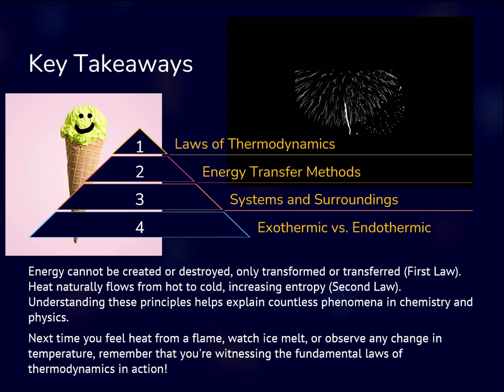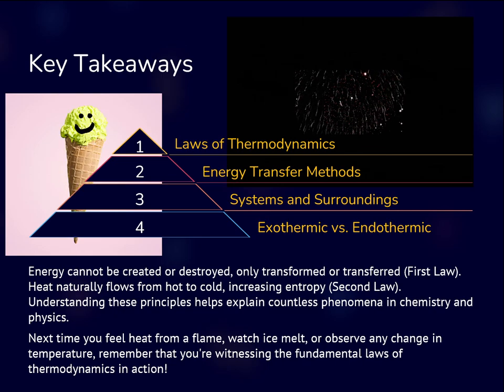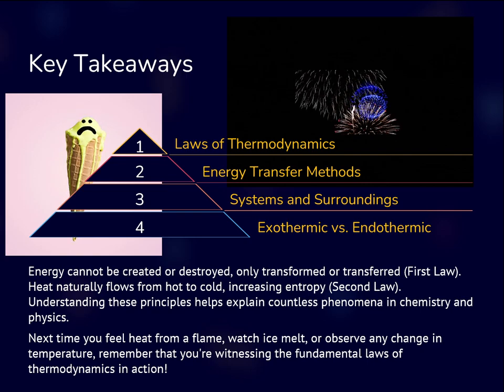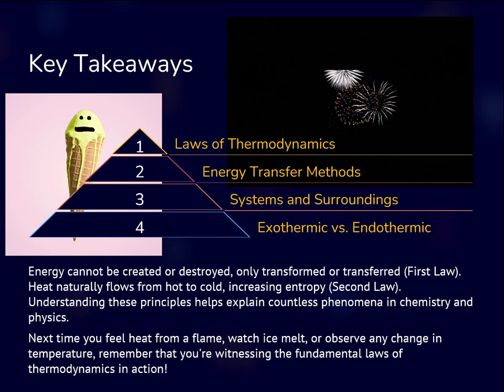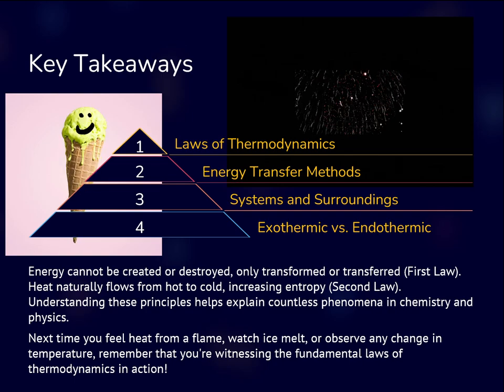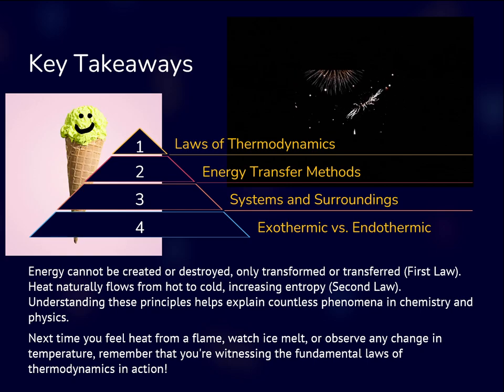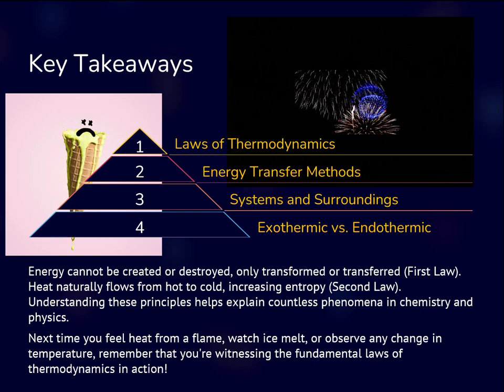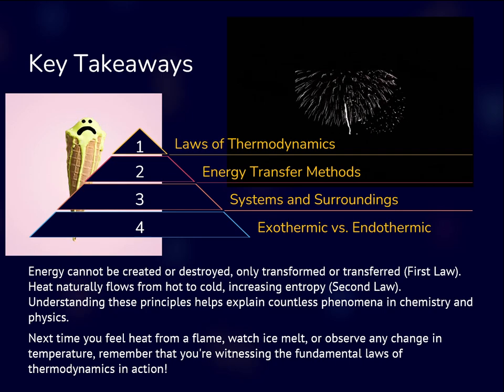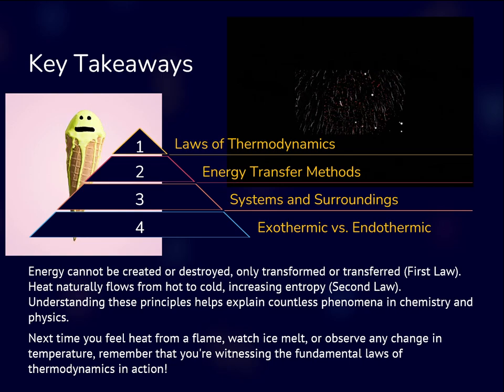So let's wrap up the key concepts for this lesson. First off, the first law of thermodynamics, which states that energy cannot be created or destroyed, only transferred or transformed. Then we have the second law of thermodynamics, which states that entropy always increases, meaning energy naturally spreads out.